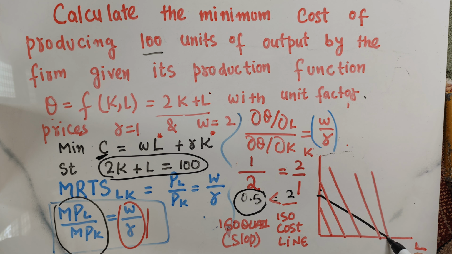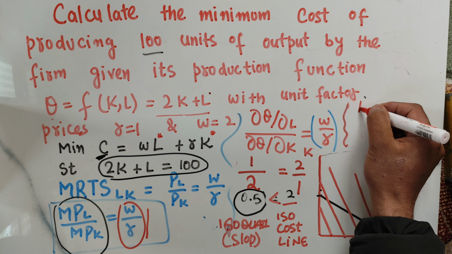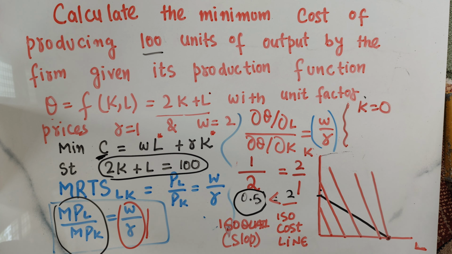Here you can see the isocost line touches the isoquant at one of the corner points. That means this point will be the point of optimality. And what happens at this point? You can see at this point capital is equal to 0.